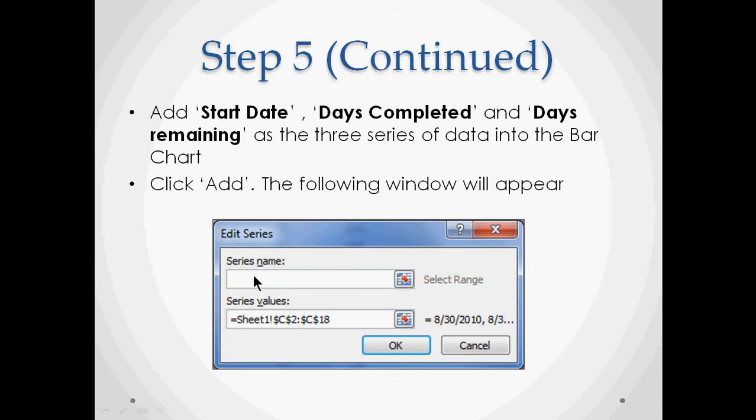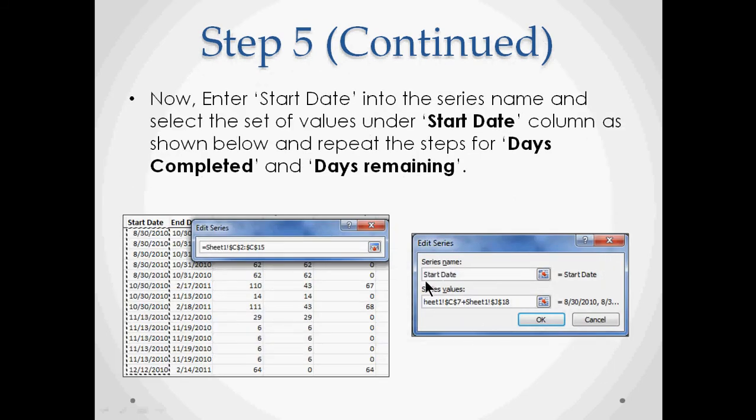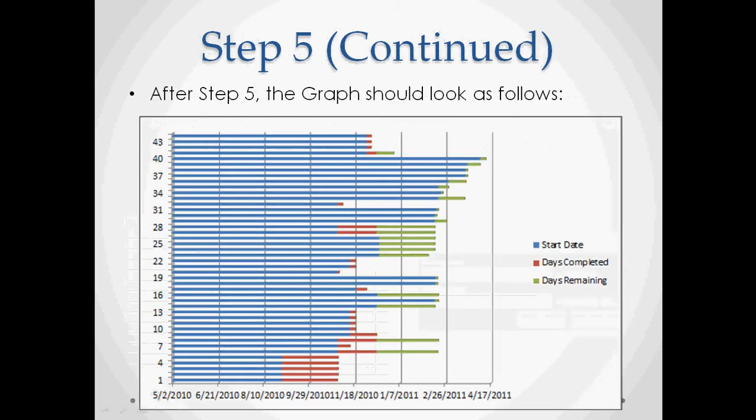Just type the name of the data, which is start date, for example, and select the series of values as shown in this diagram in the dotted box. In the same way, we can add the days completed and the days remaining, so that the three data series have been added into the bar and our chart looks like this.